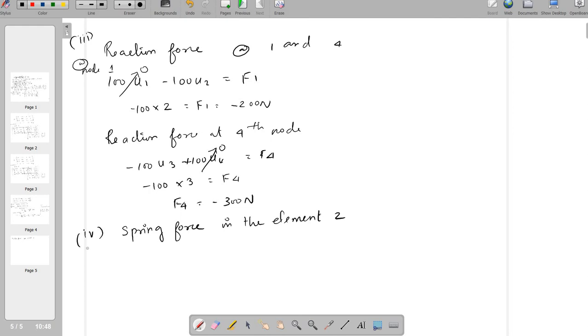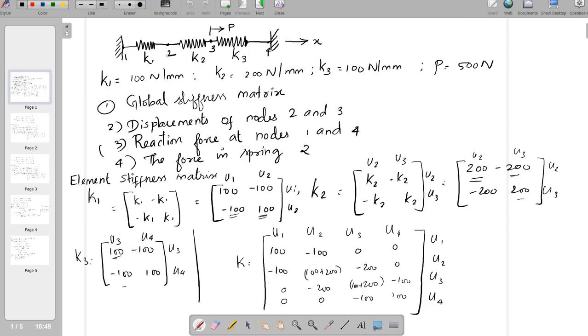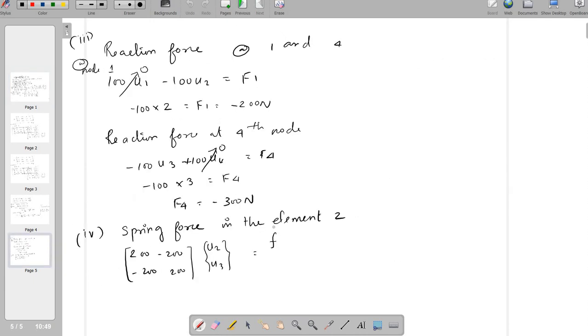Let us take the K2 matrix: 200, minus 200, minus 200, 200, multiplied by U2 U3, which is equal to F2 and F3, since element number 2 is in between nodes 2 and 3. Let us expand this equation.